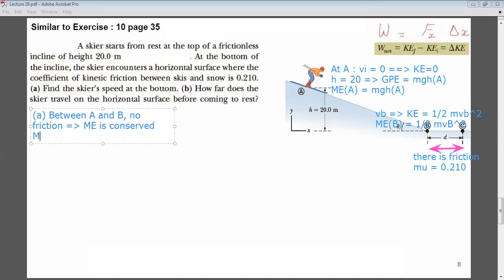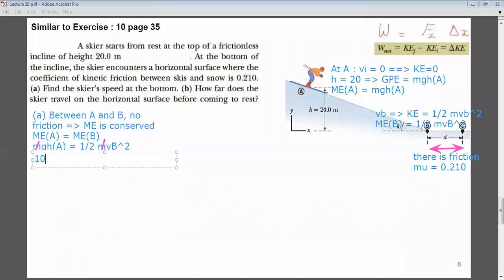So mechanical energy at A is equal to mechanical energy at B. mgh of A is equal to half mvb square. m is not given, but I can divide by it because it exists on both sides of the formula. Now I just solve for this.